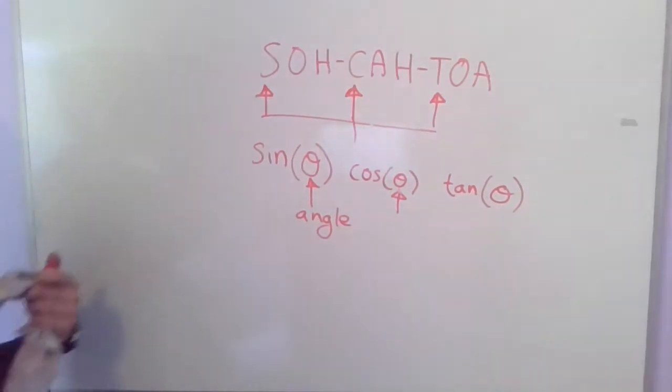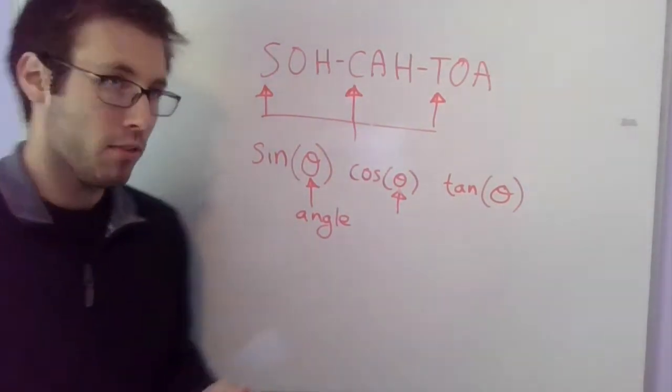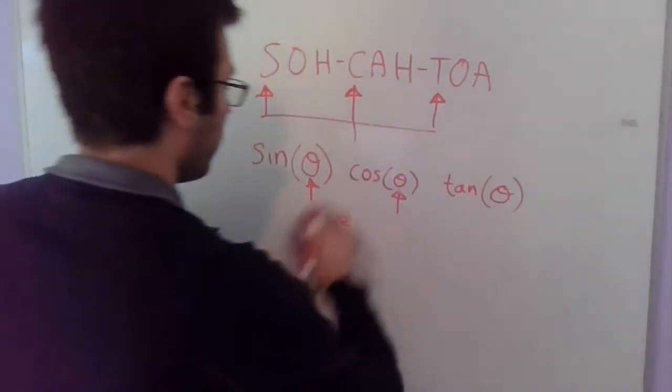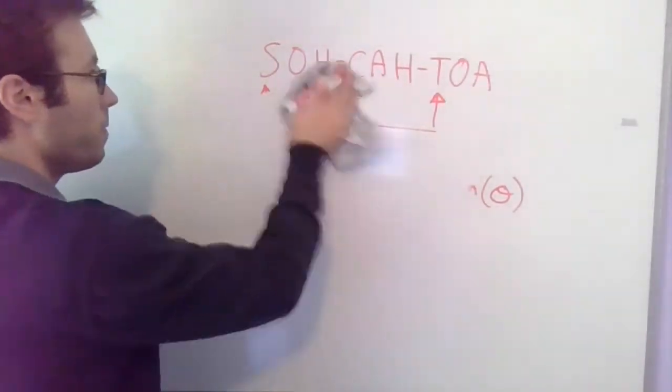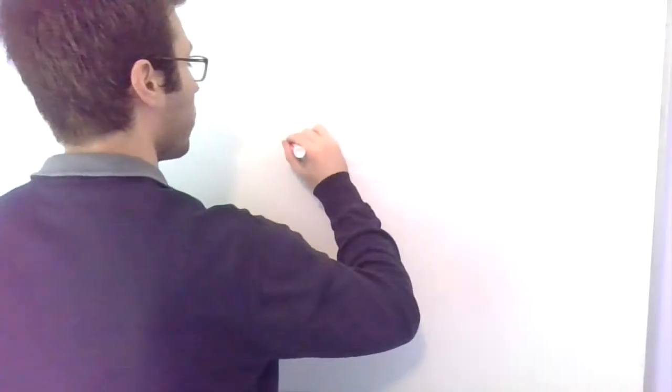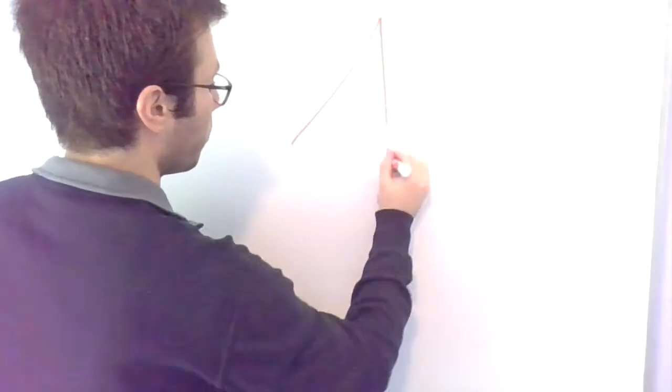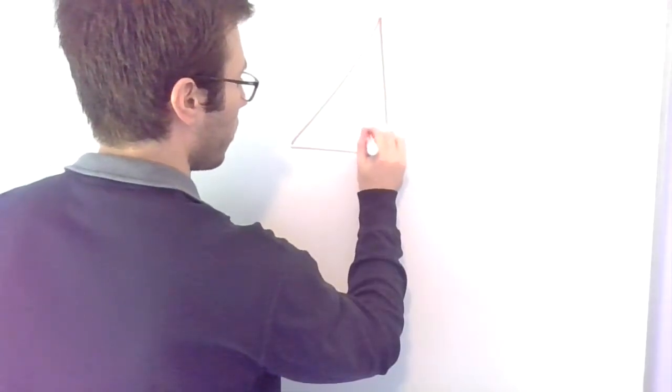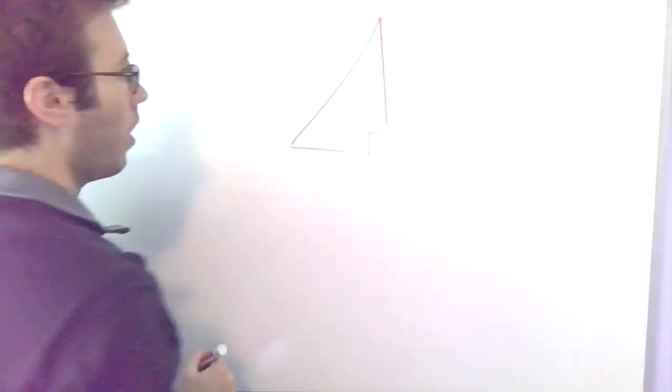Okay, so now I'm going to just cover some examples here. All of these are in reference to right triangles. So let's say we have a right triangle. This is 90 degrees.